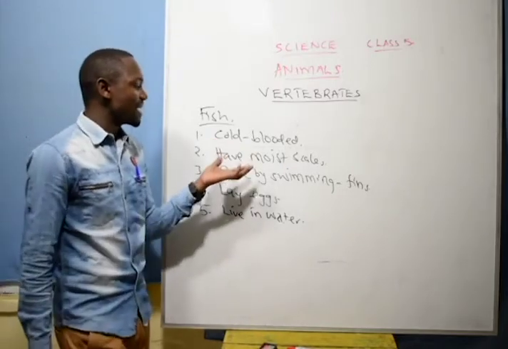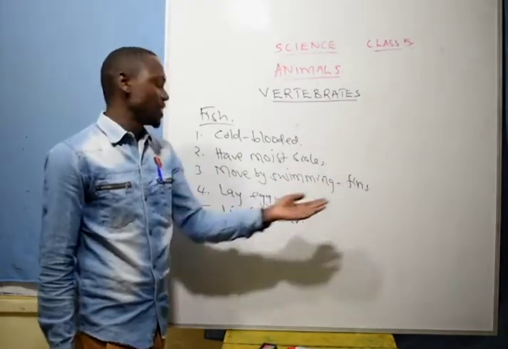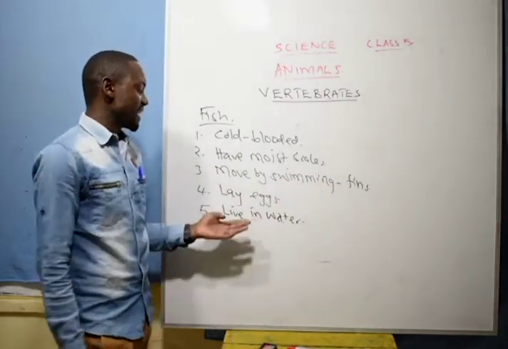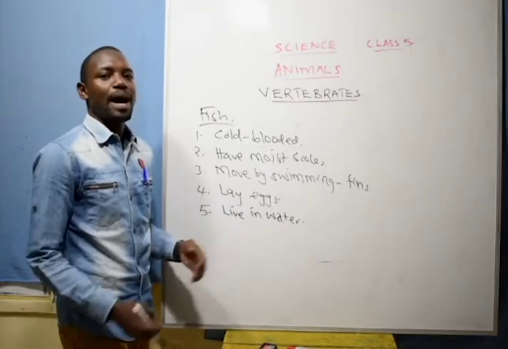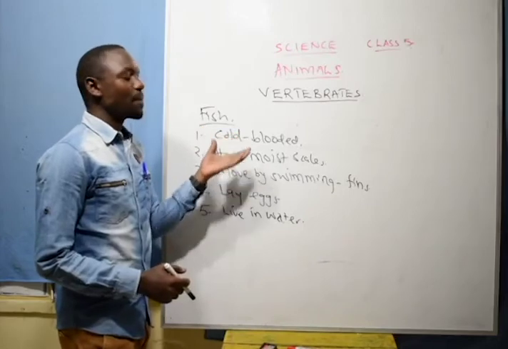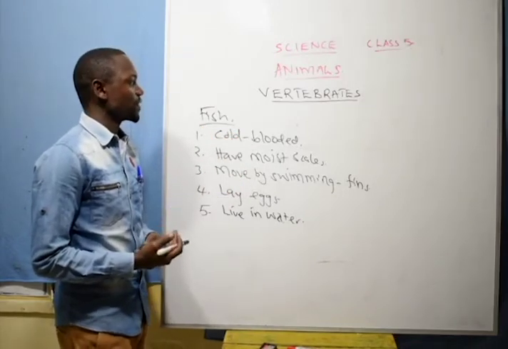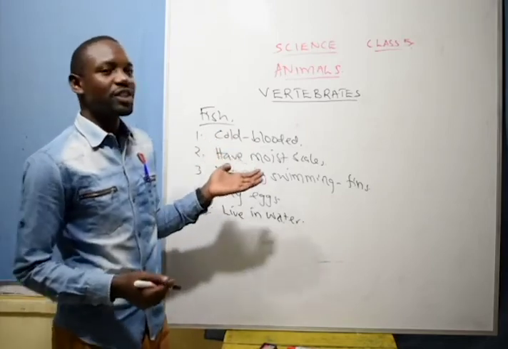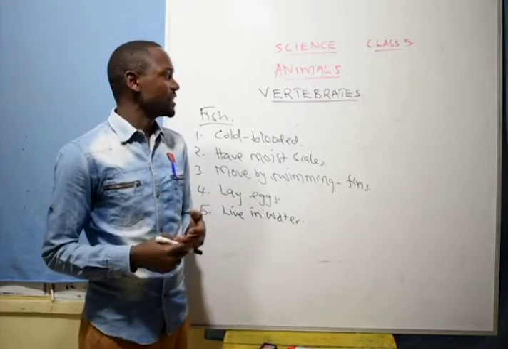They are cold-blooded, they have moist scales, they move by swimming, meaning they have fins, they lay eggs and they live in water. Some of the examples of fish, we have the tilapia and Nile perch. So those are the main cold-blooded vertebrates, that is amphibians, reptiles and fish.